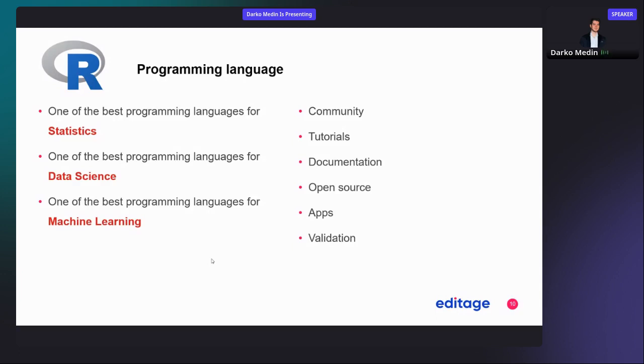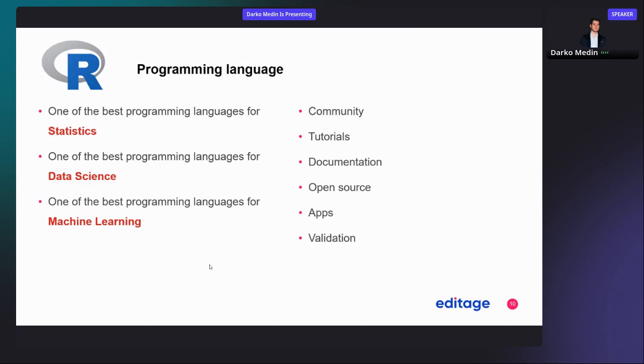Some of the most important aspects of this programming language are very large communities, a large amount of tutorials out there, so virtually anything about R or implementing R in different situations can be learned today using different tutorials, courses, webinars. So there is a very, very large amount of resources out there for these use cases.